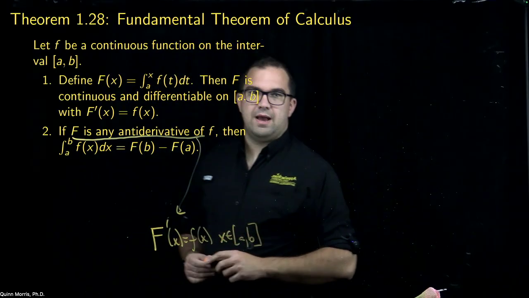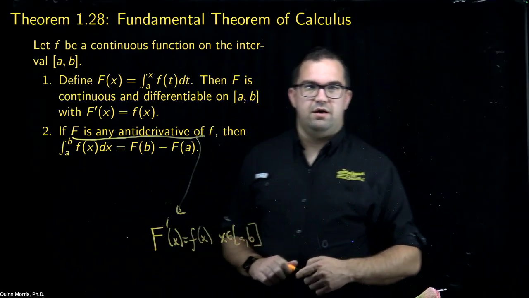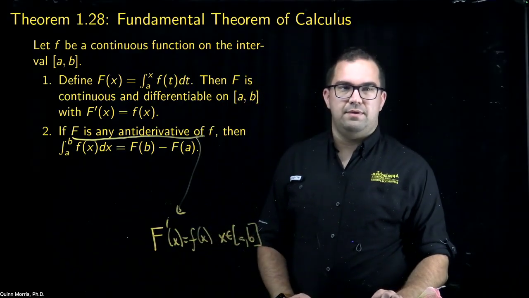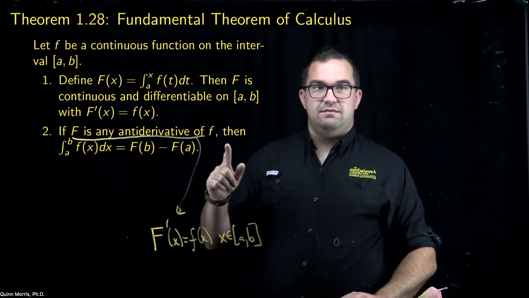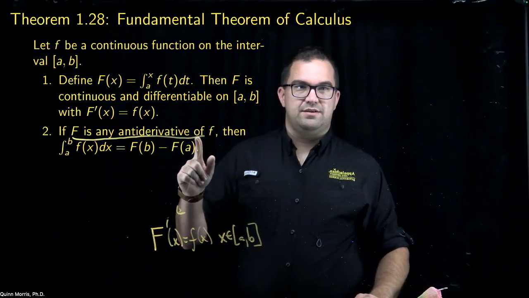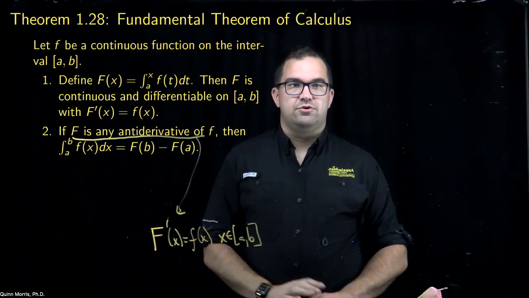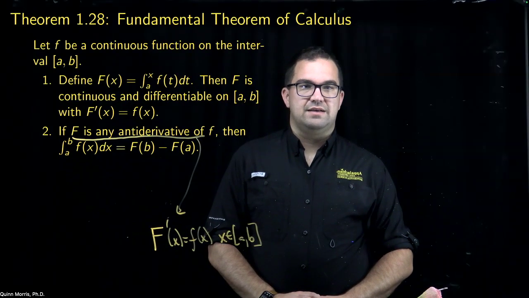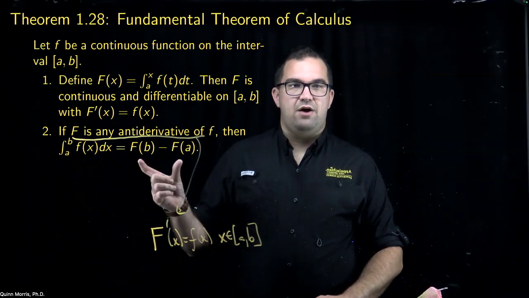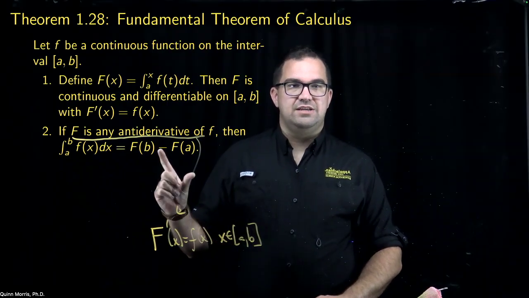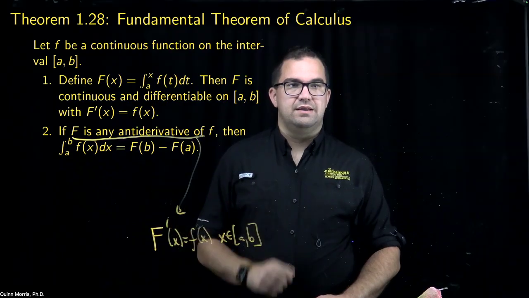So that's what it means for capital F to be an antiderivative of little f on the interval ab. So if capital F is any antiderivative of little f, then I can evaluate the integral from a to b of f of x dx by just evaluating the antiderivative at each of the endpoints and taking an appropriate difference.